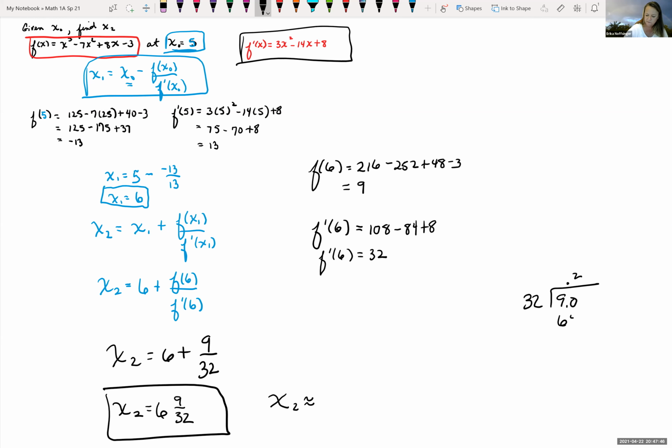So that goes 64, which would give us, what, 26.